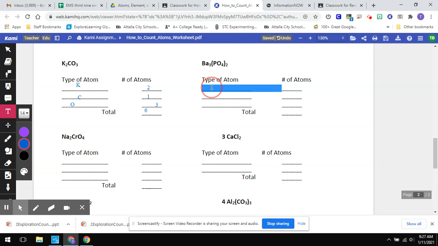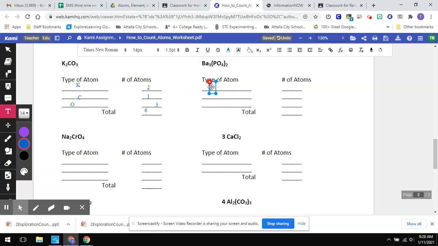So for this next one, listing out what our elements are. So we have Ba, which is barium. And we have P, which is phosphorus. That needs to be capital. And then we have O, which is oxygen. Okay? So then we have an exterior subscript right here.